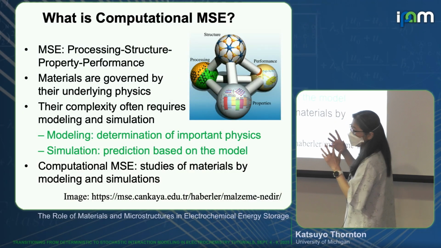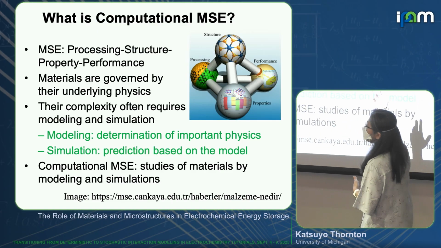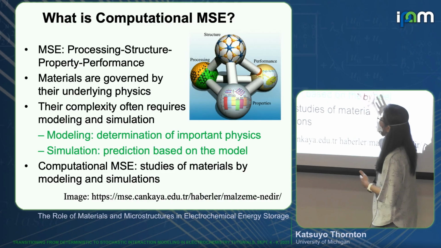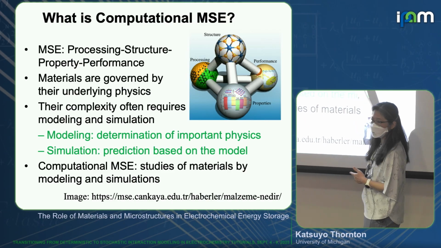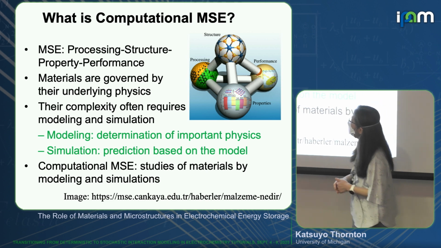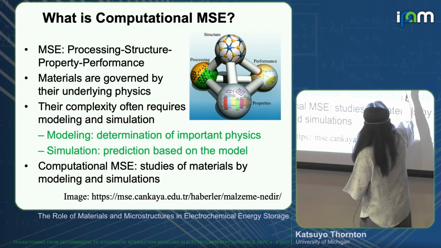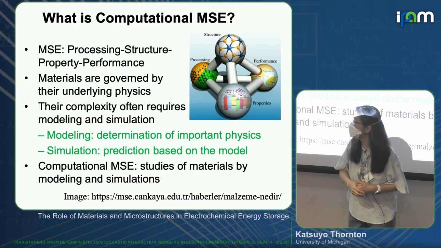So material science and engineering, as mentioned, is developing the relationship between processing, structure, property, and performance. Often it's drawn or visualized as a tetrahedron like this. And each of these segments is governed by underlying physics.